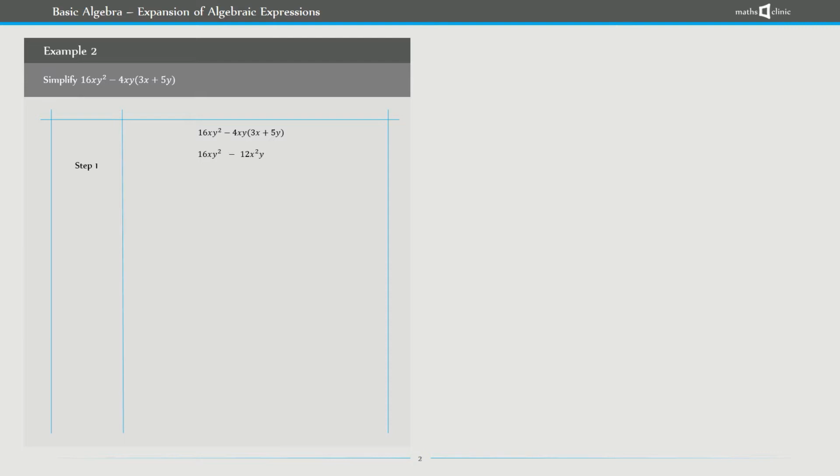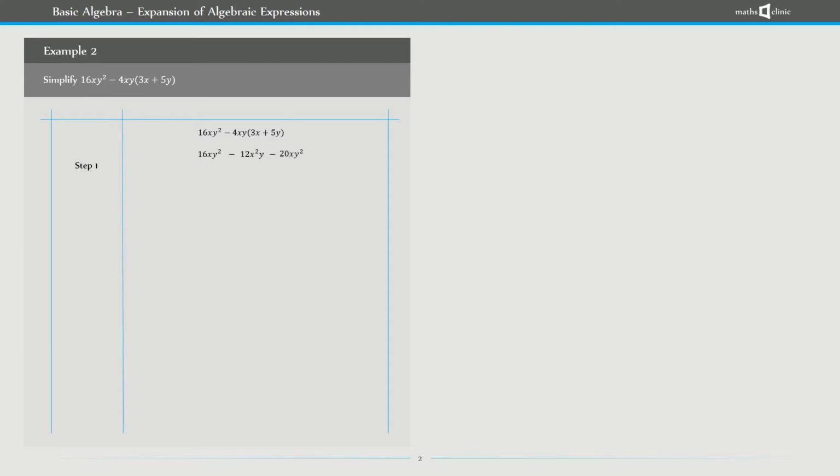Then the next term: minus 4xy multiplying 5y. Minus 4 multiplying 5 gives minus 20, and then you multiply the variables: x, y, and another y, so two y's, i.e. y squared. What you end up with is minus 20xy squared.